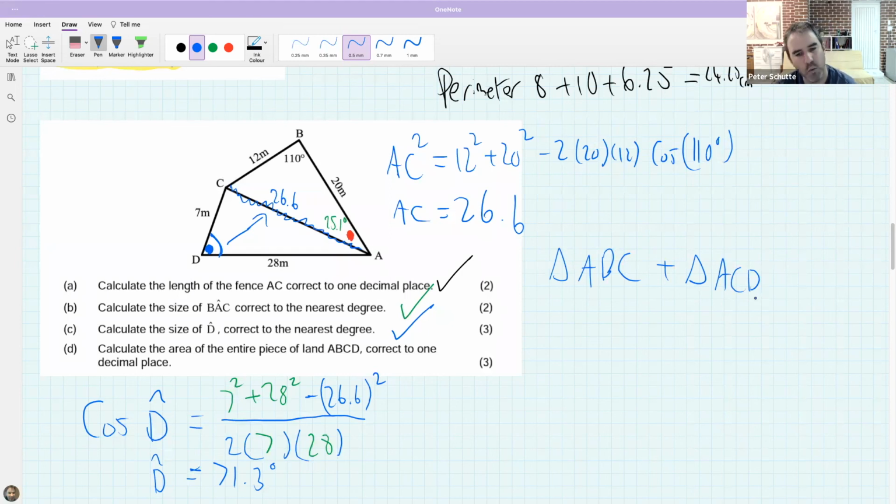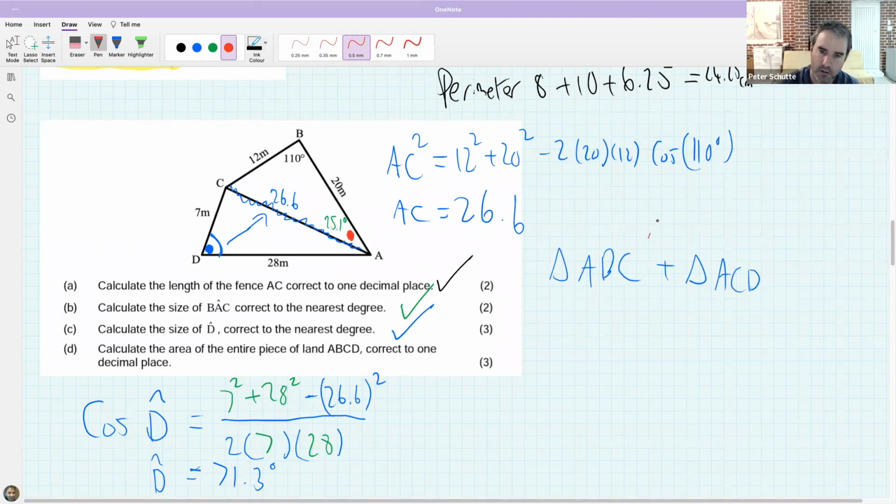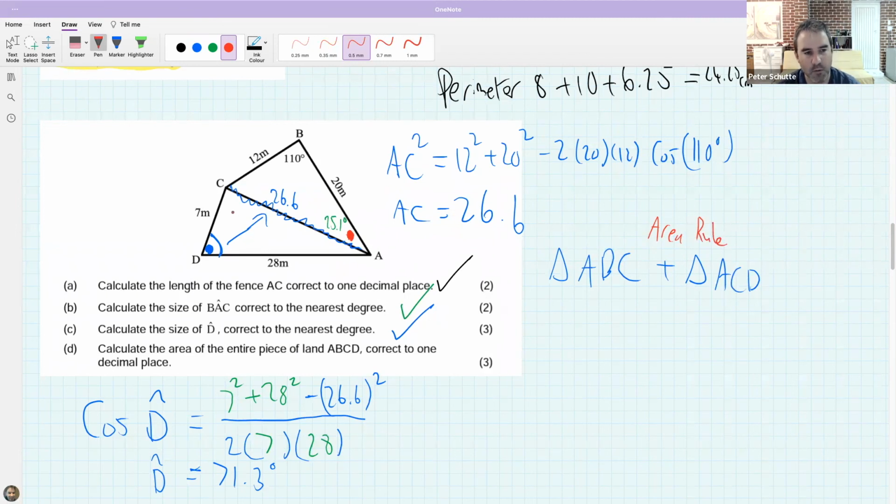Perfect. Now, what tool are you going to use? You told me about the triangles. What tool are you going to use? On the first triangle, I'm going to use the area rule. Okay. Same goes to the other triangle. So basically, you're going to use the area rule for both. And I see why, because you've got two sides and the included angle.